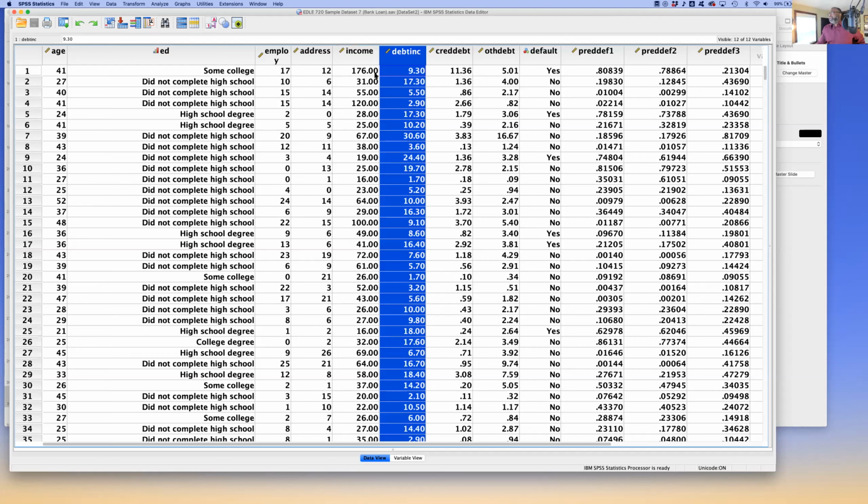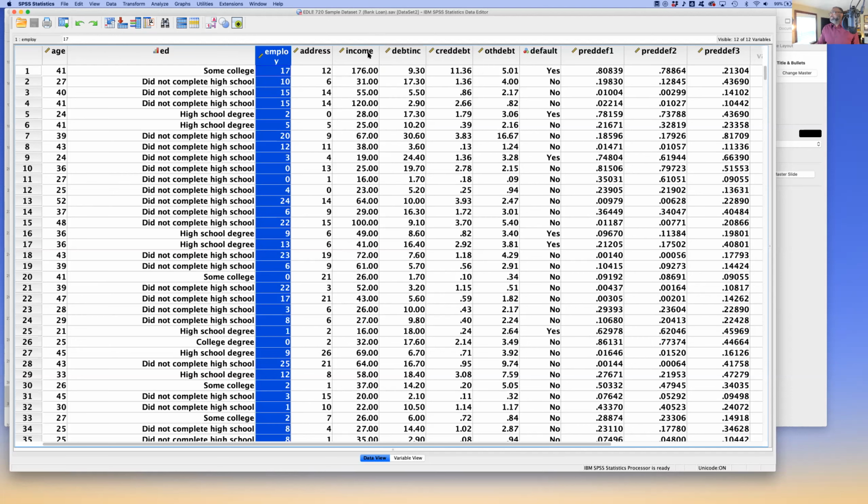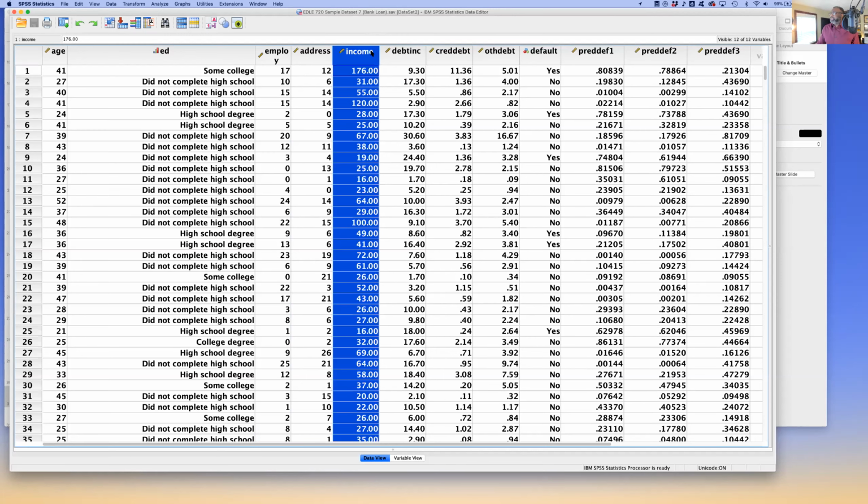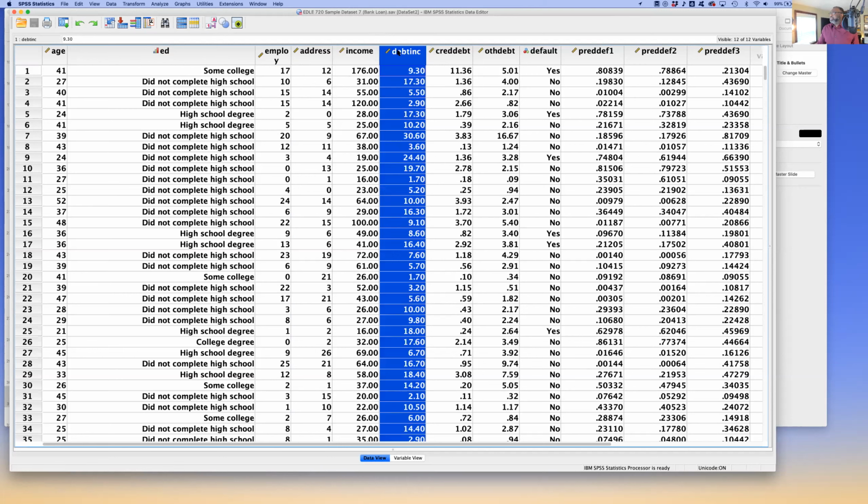All these are different values. These are represented in years or months or whatever. Doesn't really matter. This is represented in thousands of dollars, and this is represented as a ratio. But none of that matters.